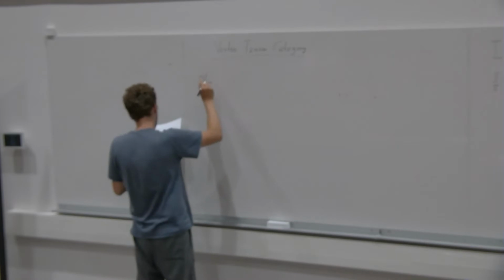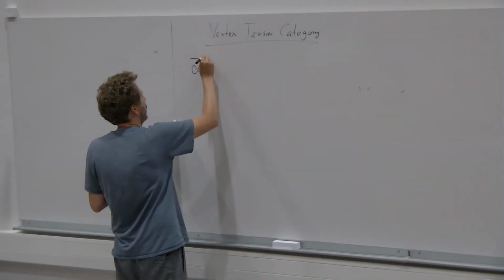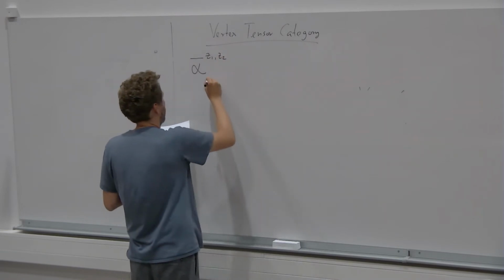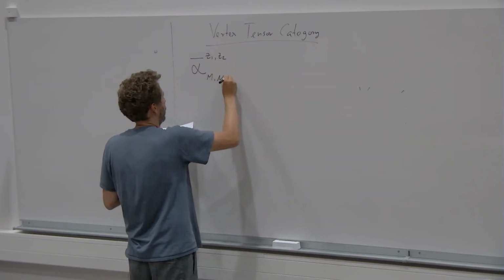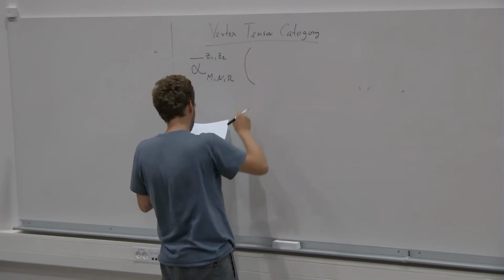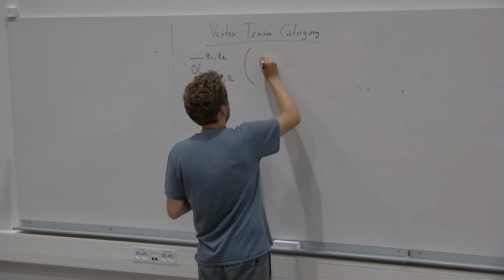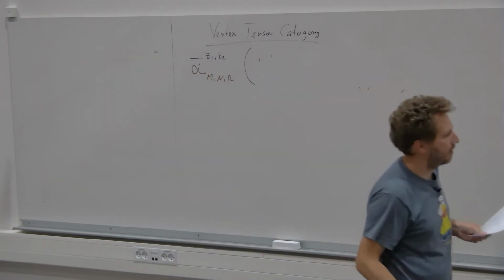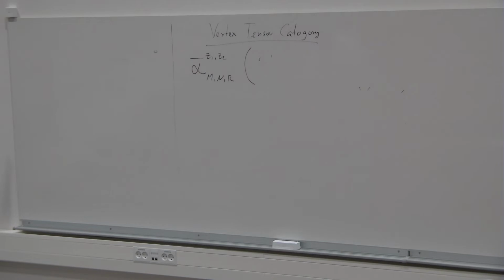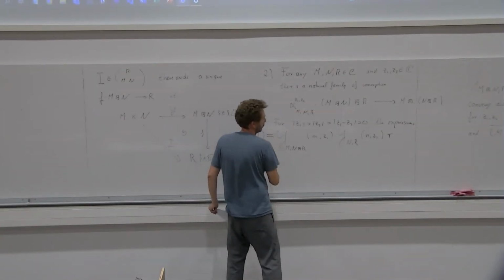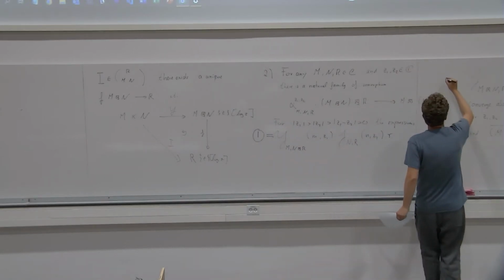We want that alpha bar of z1 and z2 acts on the first expression that I wrote down. Let me save some writing and call this expression number 1, and this expression number 2.